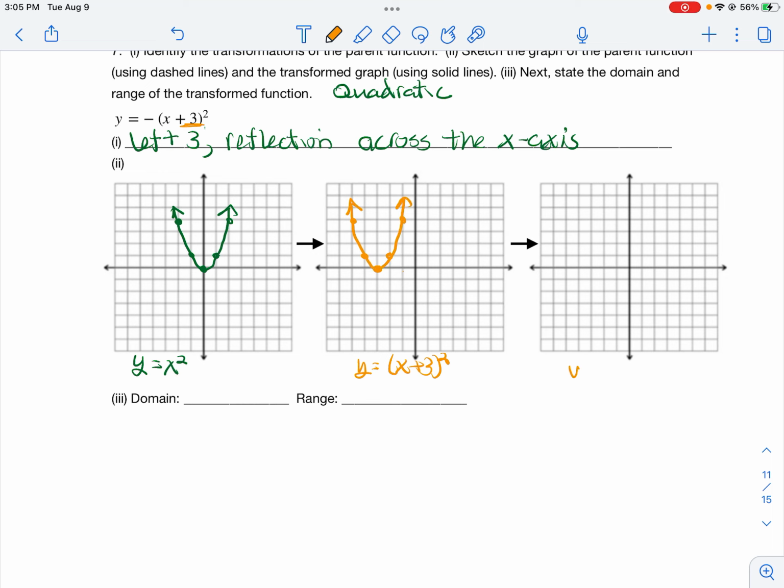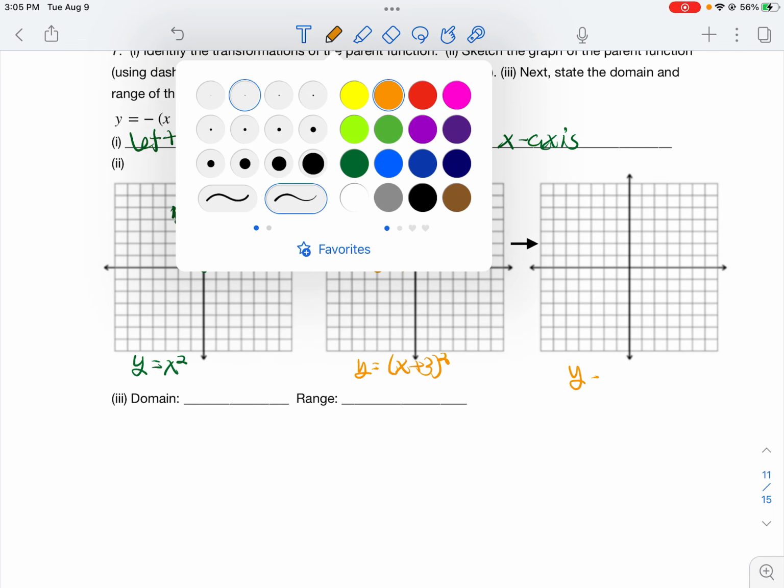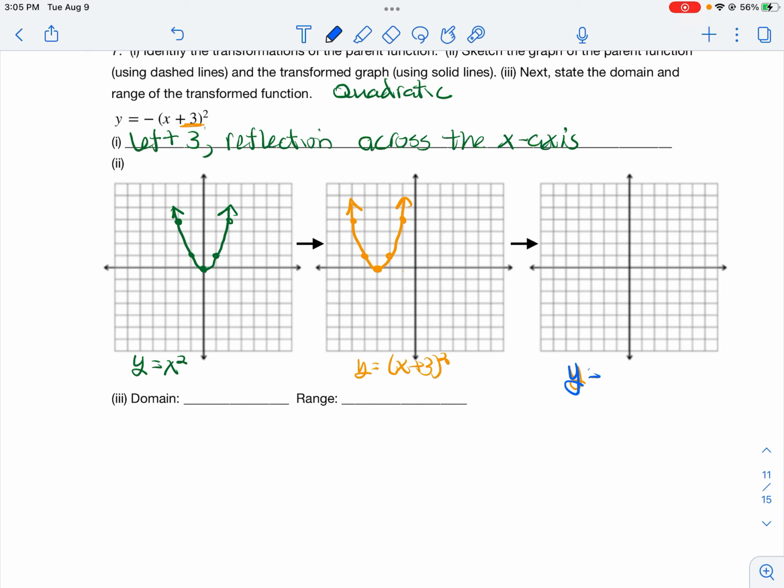Okay. And now change colors again. We have y is equal to negative parentheses x plus 3 quantity squared. So I take my yellow graph, which had the main value at negative 3 comma 0. And I'm going to reflect across this x-axis because the main point is still on that x-axis.